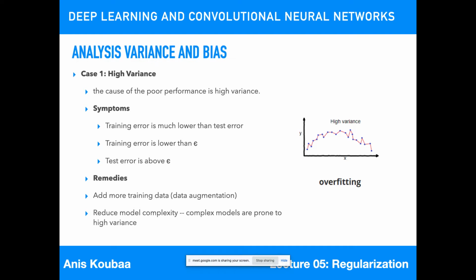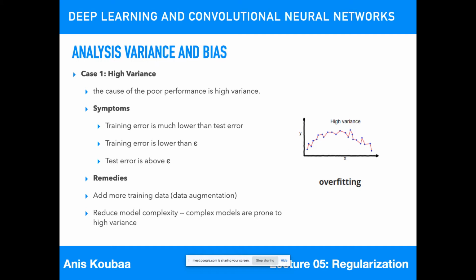So the first thing we think about when we have overfitting is maybe we need to add more training data to train our model. Sometimes the data might not be available or might not be easily available.